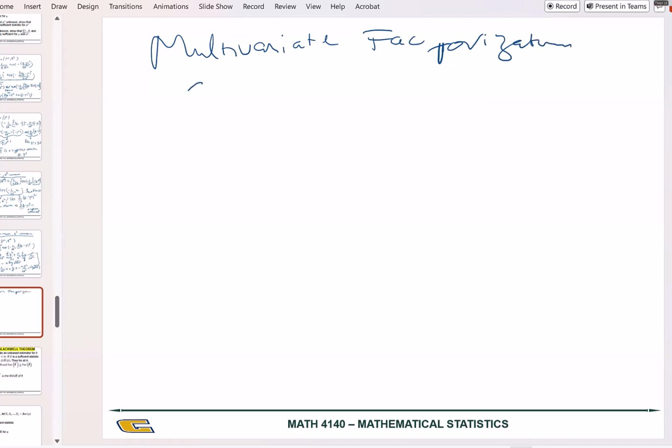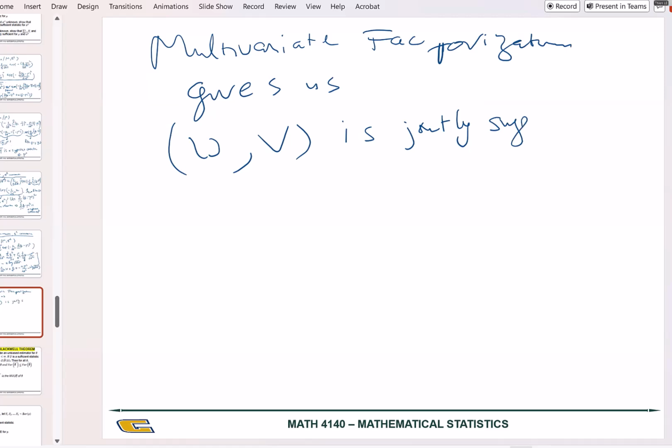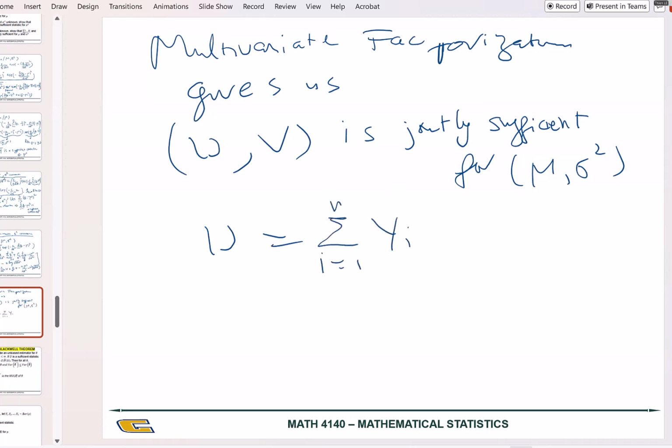It gives us that U, V is jointly sufficient for mu, sigma squared, where u equals the summation of yi, i from 1 to n, and v is the summation of yi squared, 1 to n. So we did prove that.